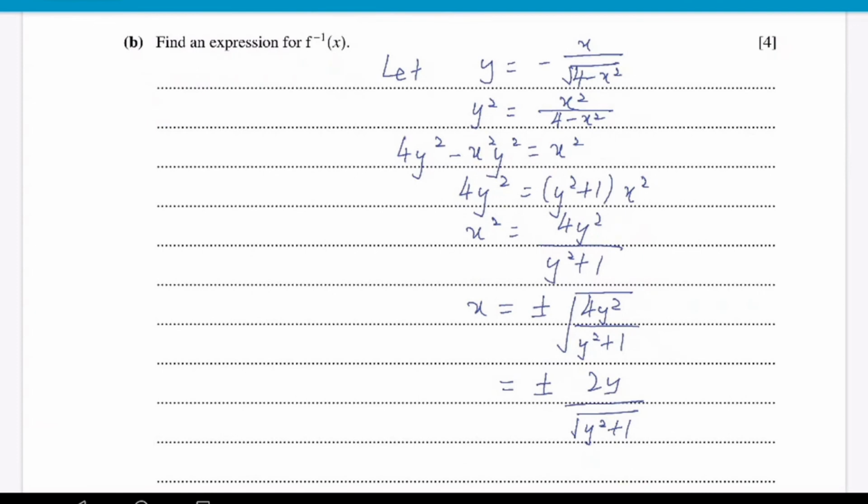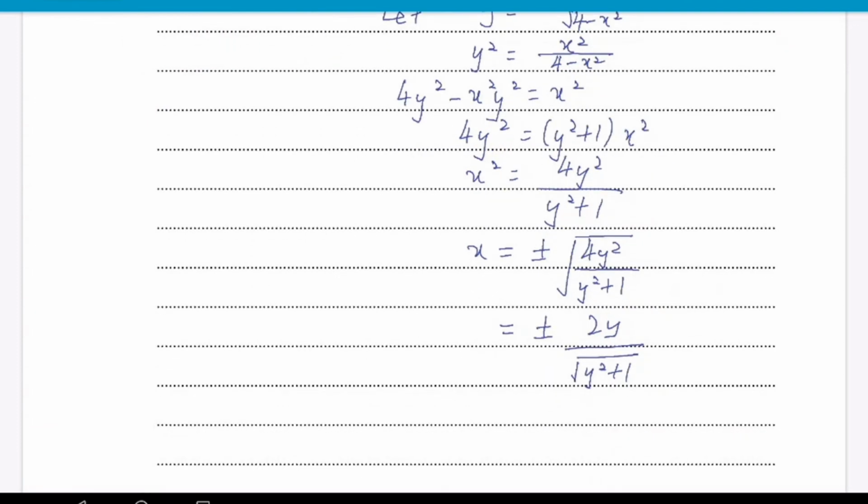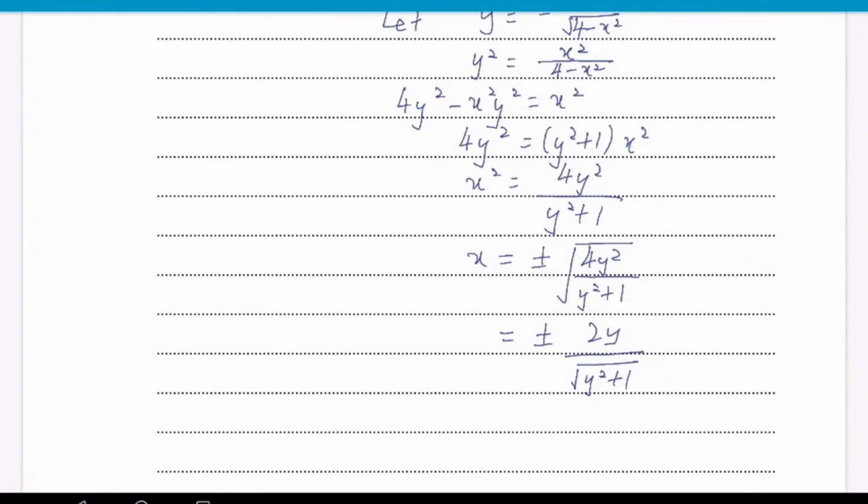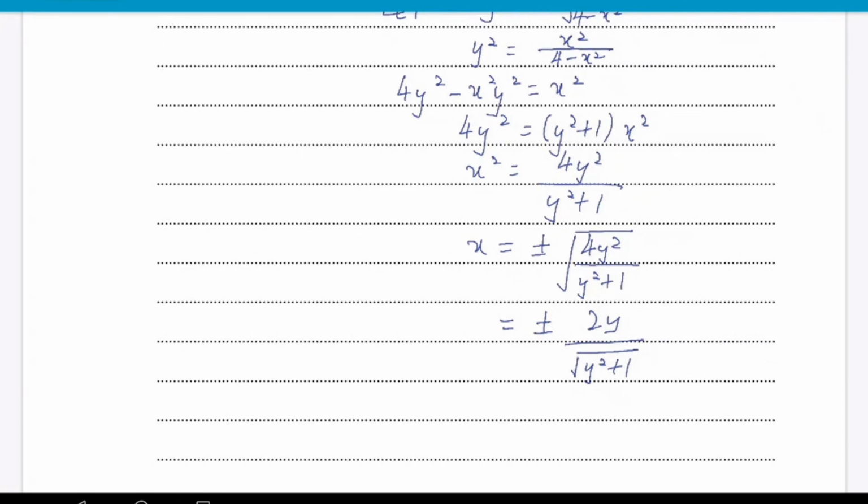When we look at this one here, it seems like it is not giving us the info, because x must be in between 2 and -2. It doesn't give us a clear indication whether we are considering the plus or the minus here.